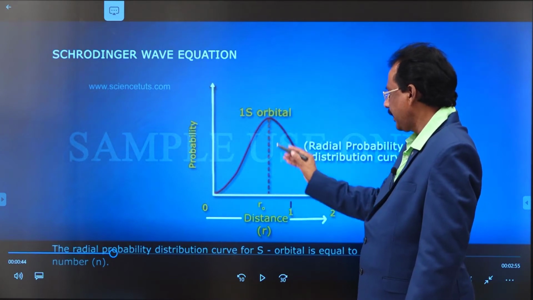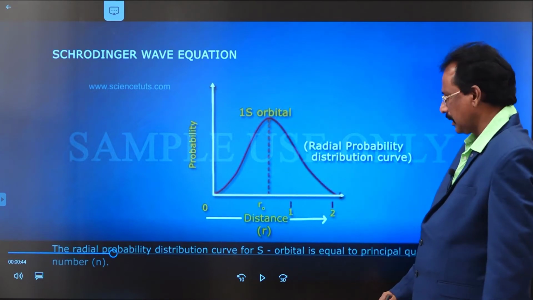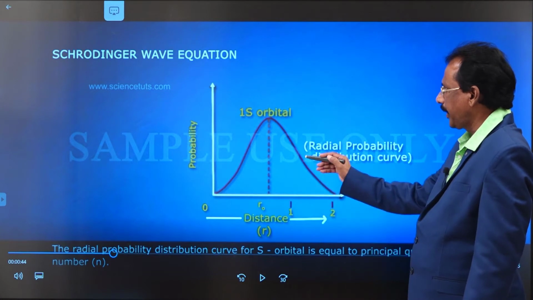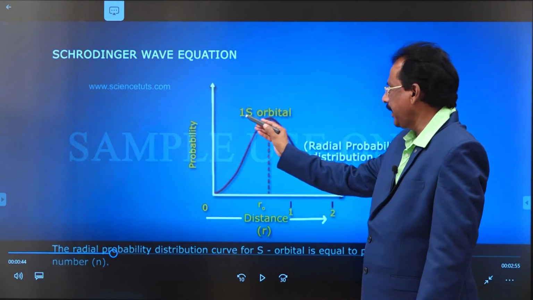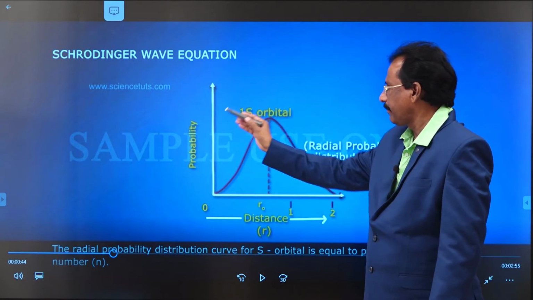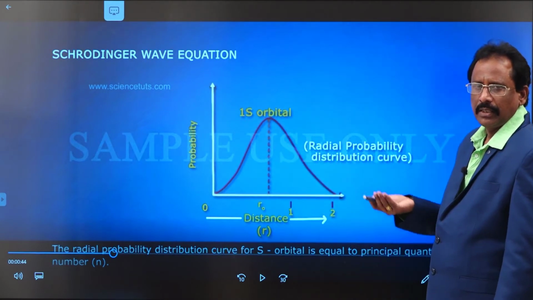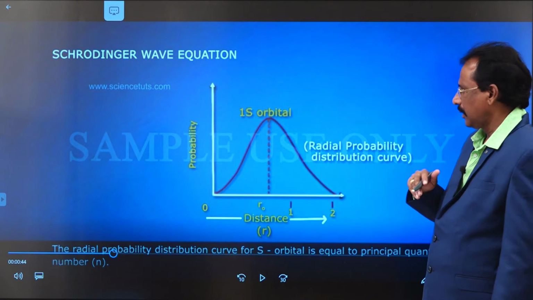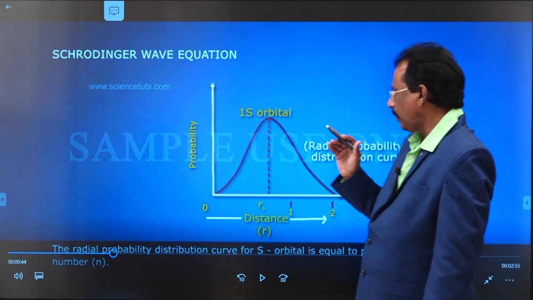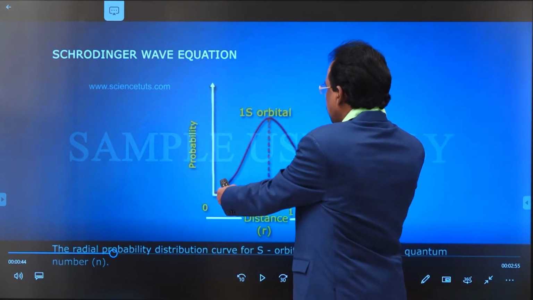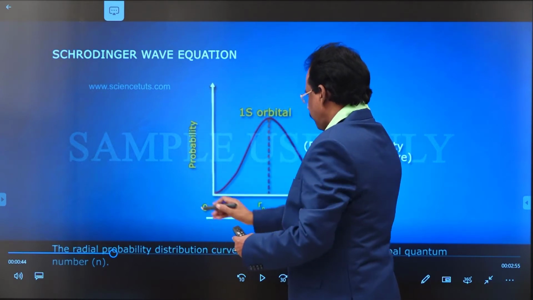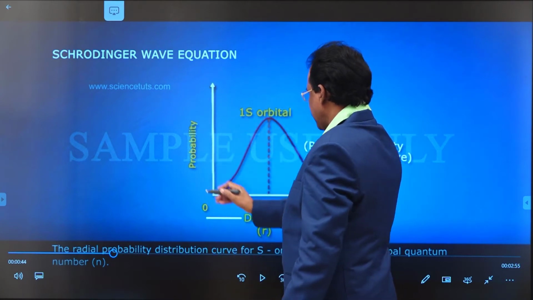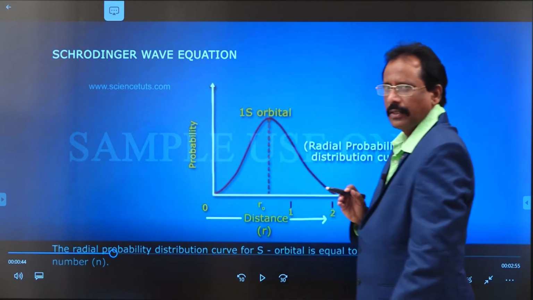Here at this radial distance, that is 0.529 angstrom, the probability of finding the electron is maximum. That is nothing but the orbital. Now, this is the radial distance, and this is the shape of the s orbital, spherical.